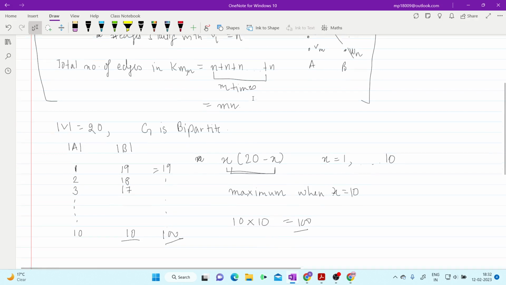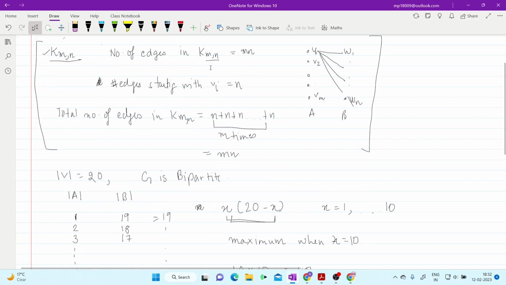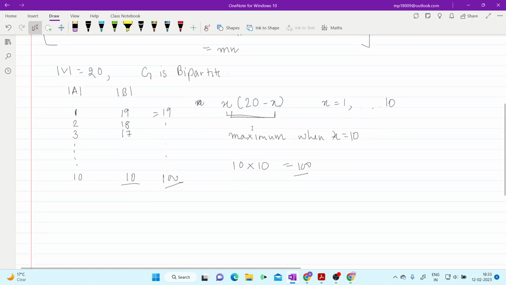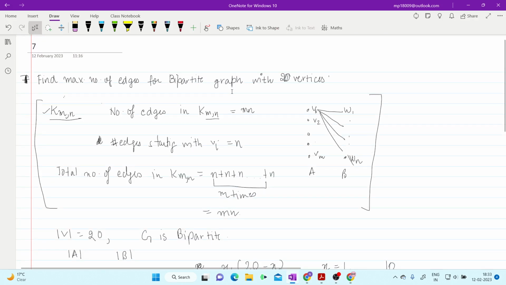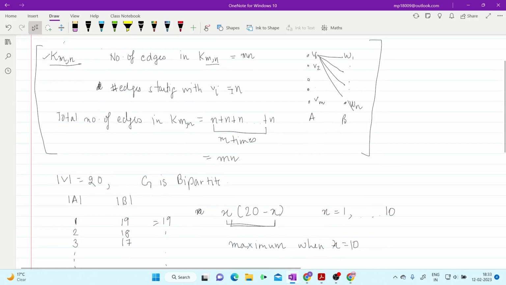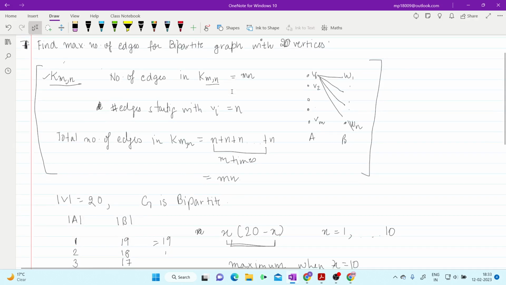And from the previous calculation we have shown that if A has m vertices and B has n vertices, then the maximum number of possible edges is mn. So a bipartite graph with 20 vertices has at maximum 100 edges.